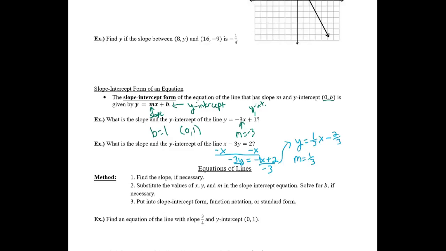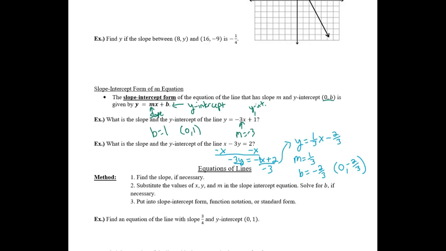And the constant term, our b, will be a negative 2/3. Or I could write it as the ordered pair 0, negative 2/3. Don't mix up the x and y. This is the y-intercept, so it needs to go in the y value of that coordinate. And there you have it.